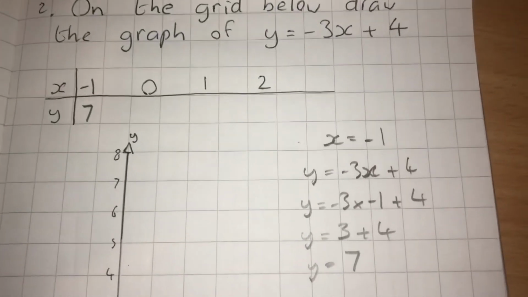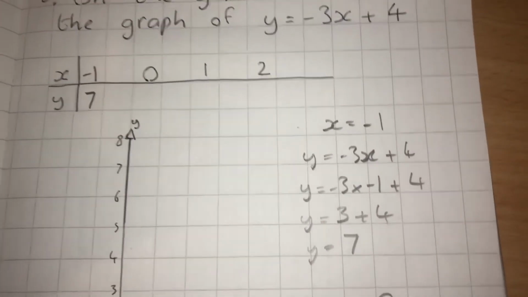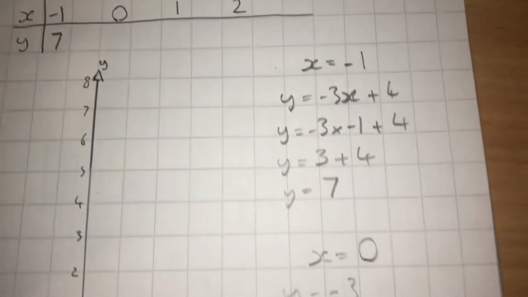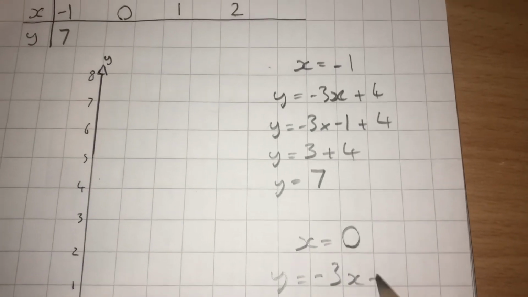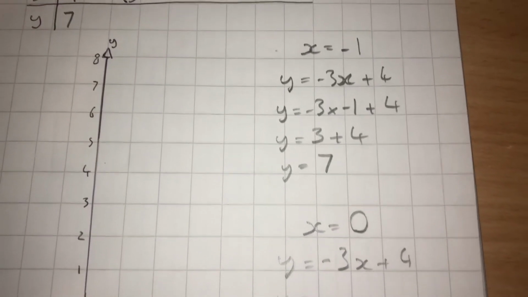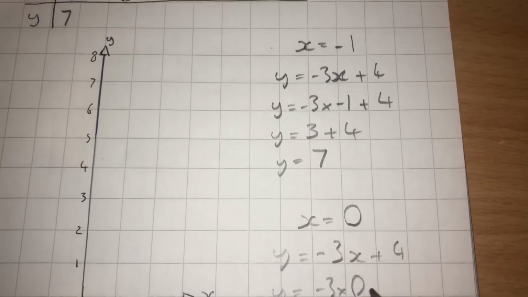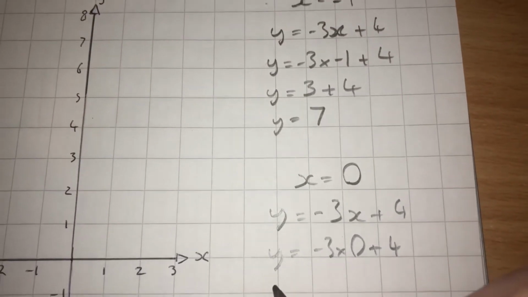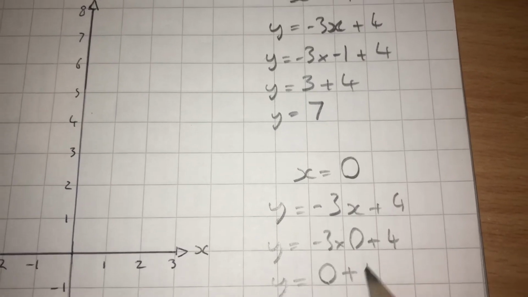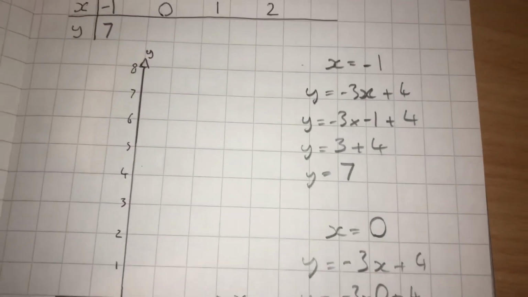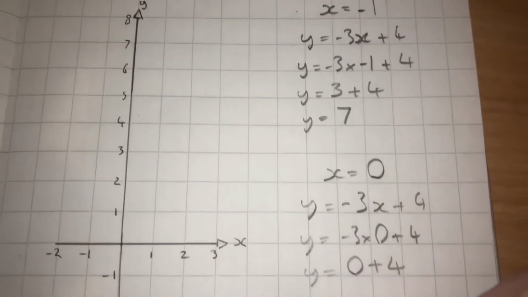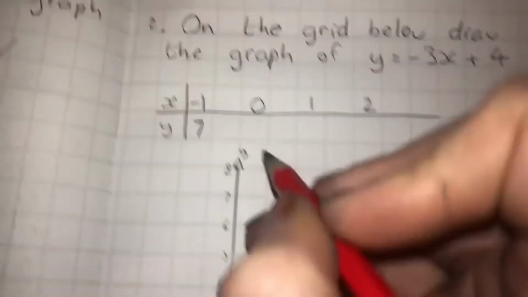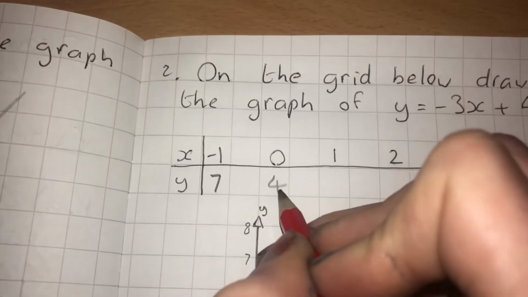The next one, x equals 0. So y equals minus 3x plus 4. Y equals minus 3 times 0 plus 4. Anything times 0 is just 0, so y equals 0 plus 4, which is in fact 4. Okay, so that is 7, that is 4.